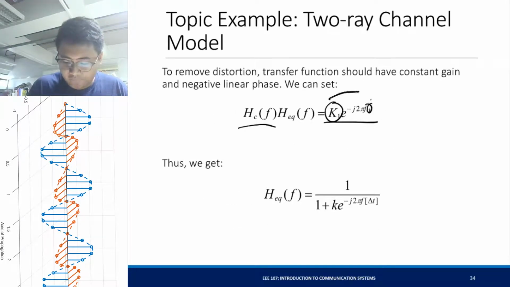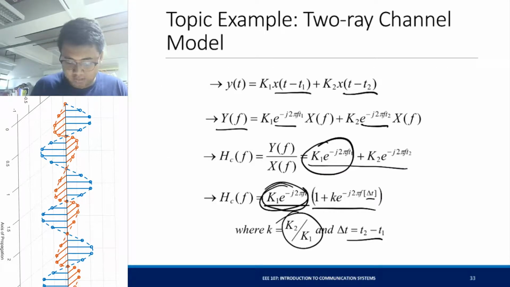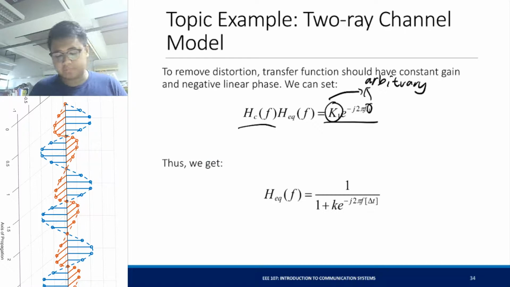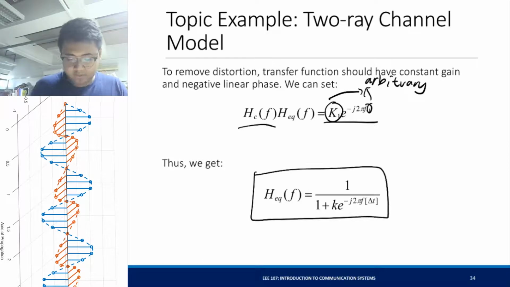K and T1 is arbitrary. So the most efficient is equal to this. Okay? And we can now solve for the equalizer. So the equalizer is equal to this function right here. And this equalizer can be physically realized.